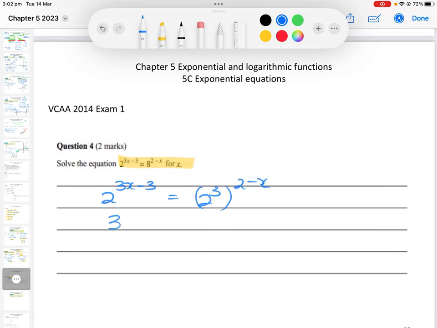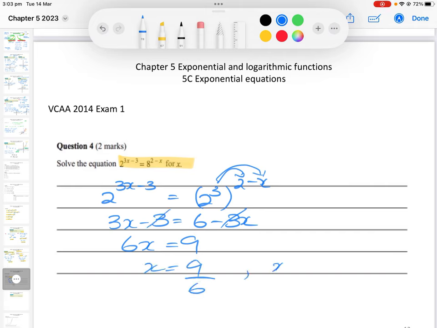So that tells me that 3x minus 3 is the same as, I'll expand this out, 6 minus 3x. Add the 3x, 6x equals 9. Take that across. X is 9 on 6, or we can say x is 3 on 2. So you can see this is really important because these type questions will actually turn up in your exam.